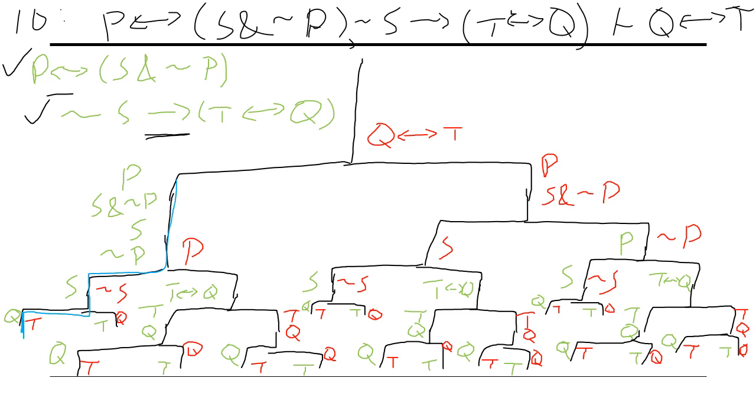Move up this way. So I've got a Q, T, S, P, S, P. So see, I've got a P and a P here. So everything that's going to come from those two are going to be closed. So I know that all these branches are going to be closed off.